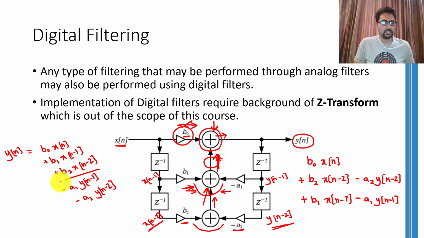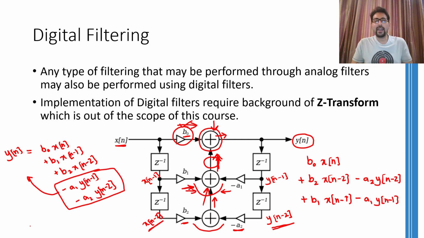If you take these two terms on the other side, the minus with the constants will become a positive sign, and you can say that you have put all the outputs on the left hand side and all the inputs on the right hand side.